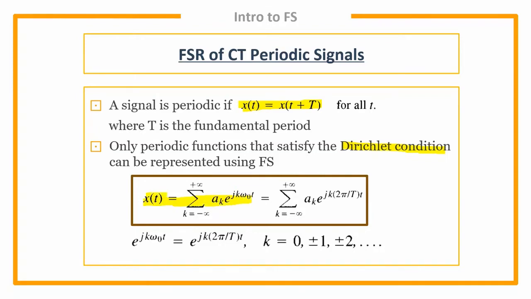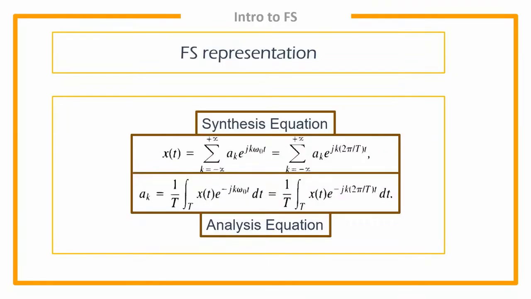Any periodic signal can be written as a summation of a constant times complex exponentials, which I'll read out as x of t equals summation k from minus infinity to plus infinity a k times e power j k omega naught t, where k can take values from minus infinity to plus infinity, and omega naught is the fundamental frequency of the periodic signal.